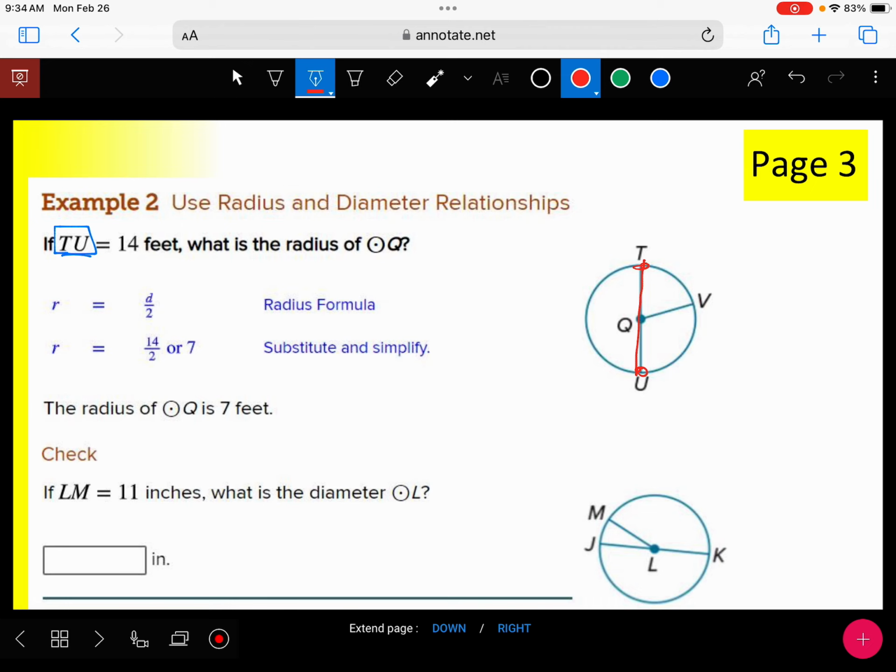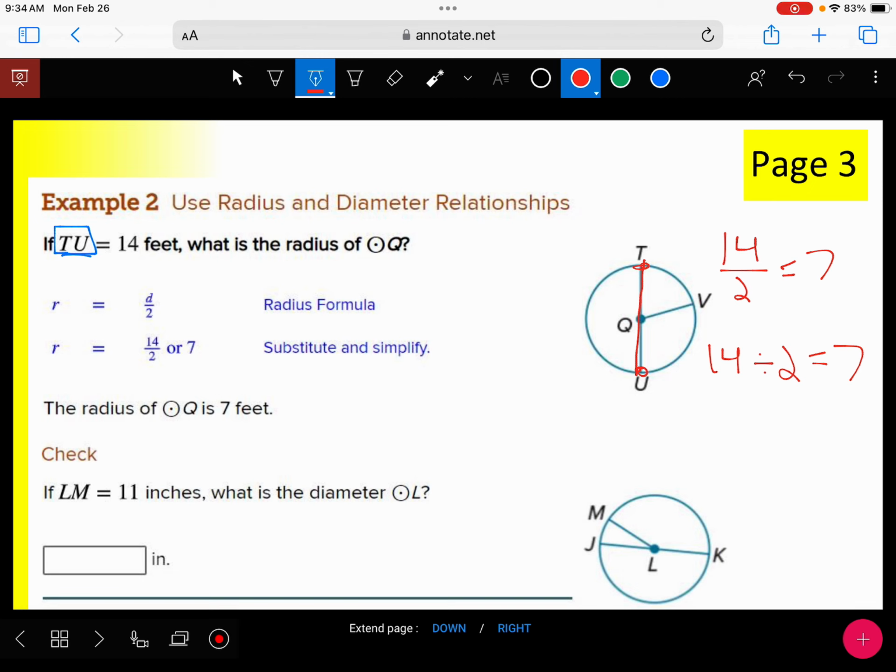Because we know the diameter is 14 feet, we could figure out the radius by going 14 divided by 2. You can make it like a fraction, or type it in your calculator. 14 divided by 2 gives us 7.